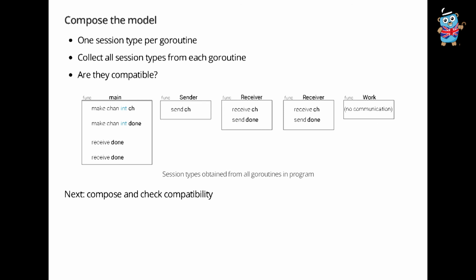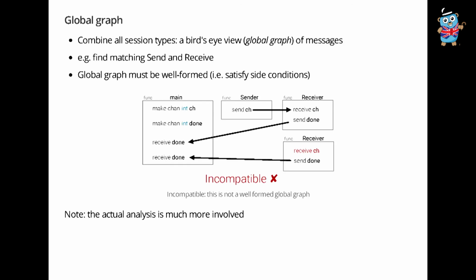So it's like running the program, except it's not in the program sense. It's just in the model sense. So we combine all these models together to get a bird's eye view of messaging. And we call this the global graph because this is globally what your message flows are like.